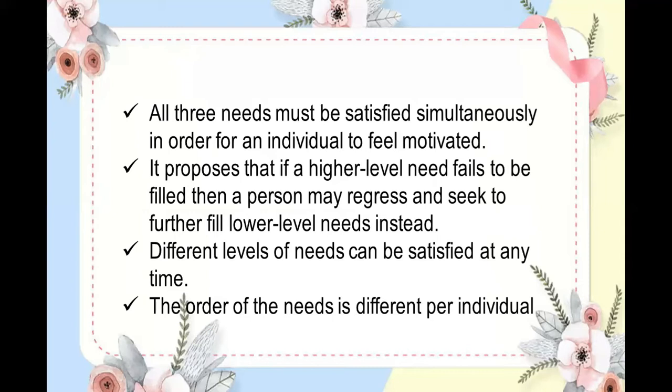Different levels of needs can be satisfied at any time. Example, individuals can feel that they are having their growth needs satisfied, but still feel unsatisfied with their relationships. The order of the needs is different per individual.